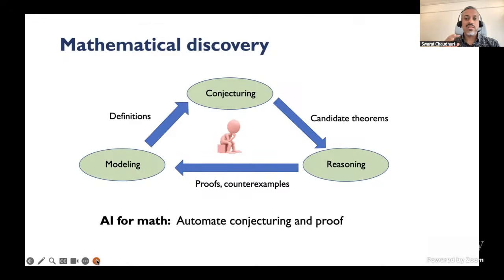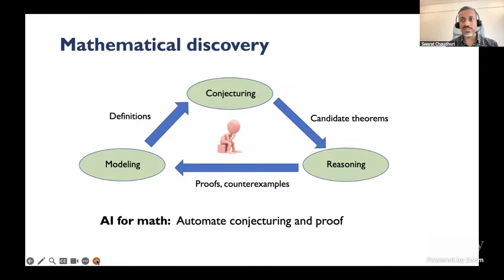And then there is this process of rigorous reasoning where you are actually proving these statements. And this process is, for human mathematicians, intrinsically social. You are convincing each other about the rigor of your reasoning and the value of your conjectures, right? But this process just continues in an iterative loop. You may see proofs and counterexamples, and these may influence your models as well as your conjectures, and this process just goes on, right?